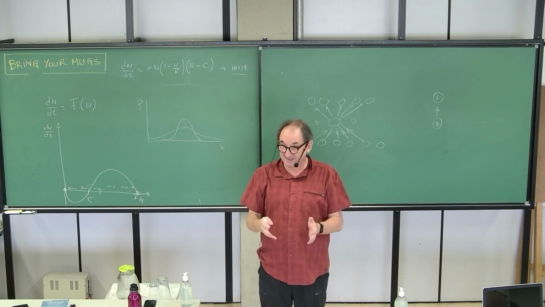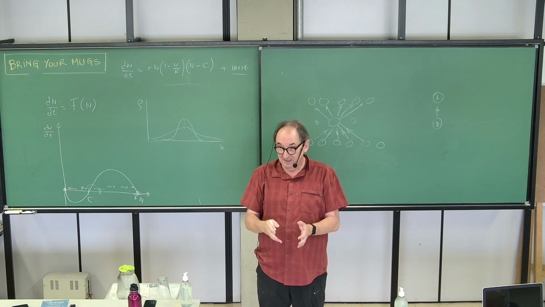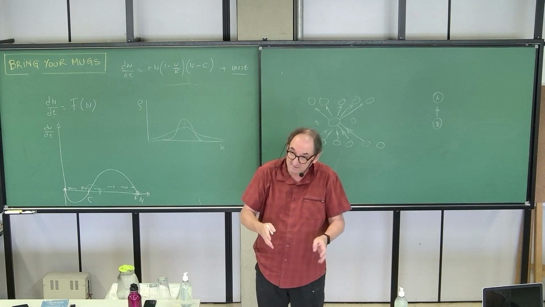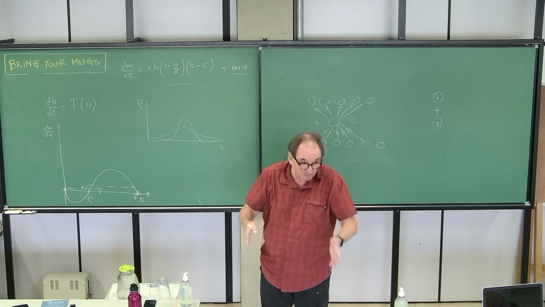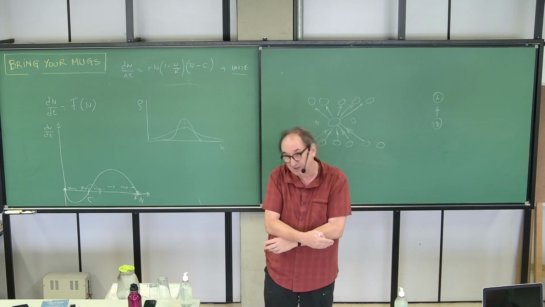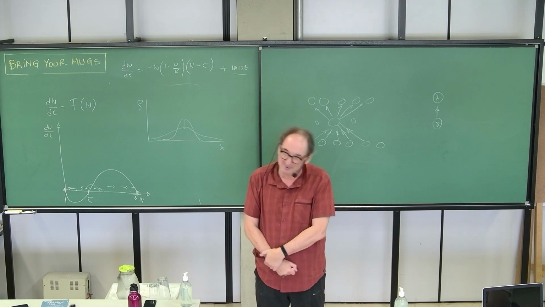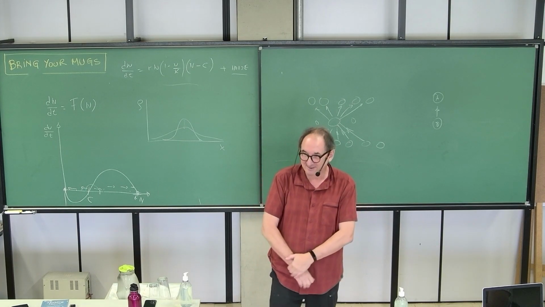But if there's a minimum population size, then maybe this population size is attained, the threshold is attained, and the predators continue to predate, and then the population of prey goes to 0, and then the population of predators will also go to 0 because it's an essential nutrient for them.